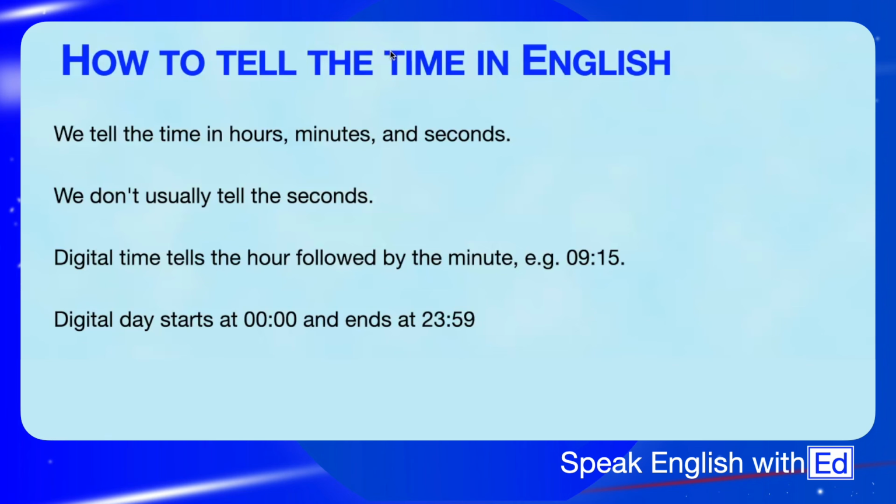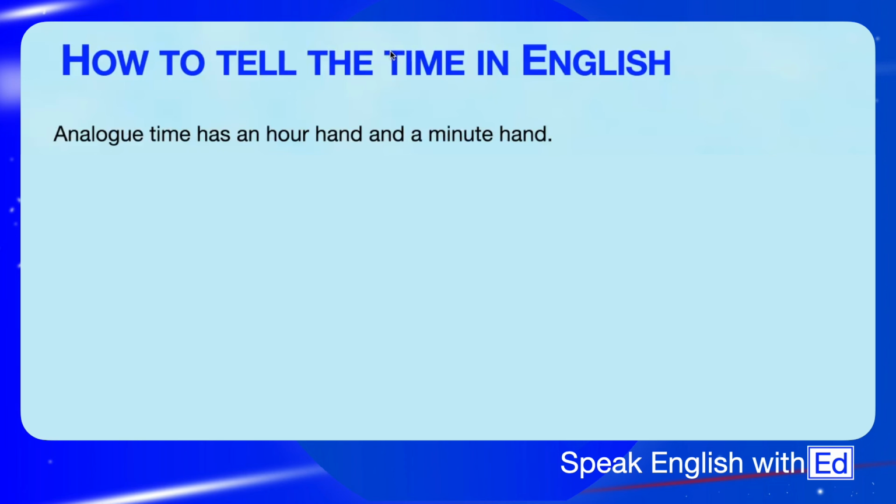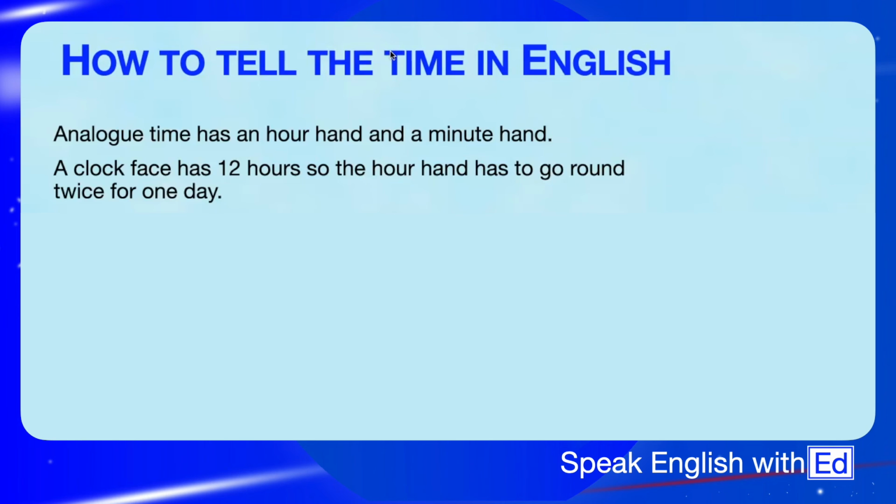And a digital day starts at 00:00 and ends at 23:59. Analog time goes round, and it's got an hour hand and a minute hand. The clock face is divided into 12 hours, so the hour hand has to go around twice for a complete day, because once round is only 12 hours and there's 24 hours in a day.